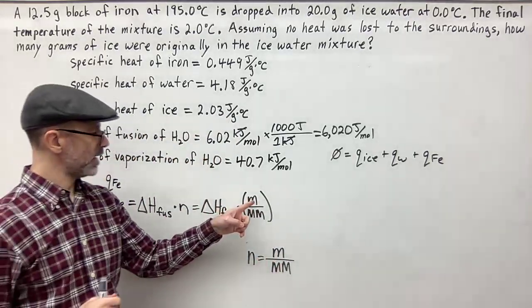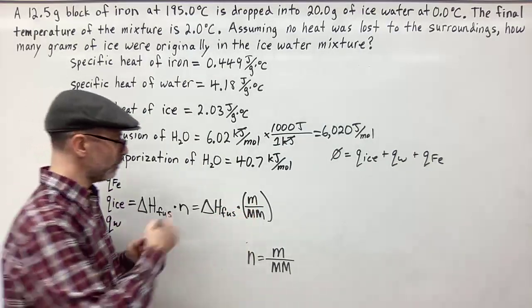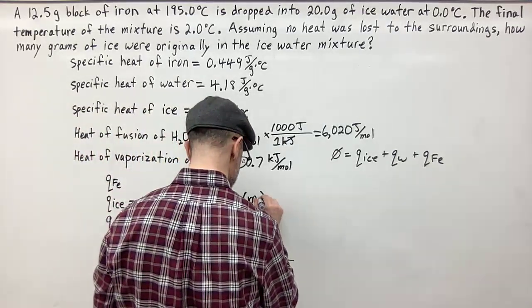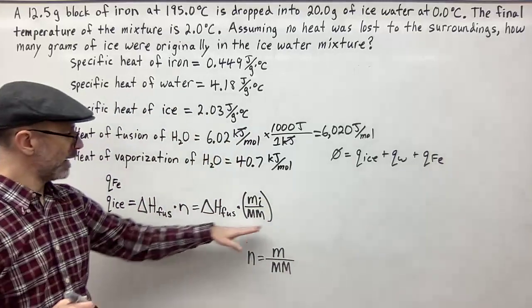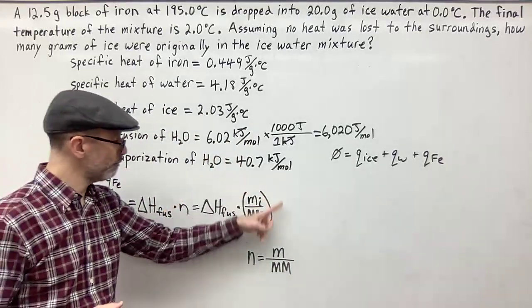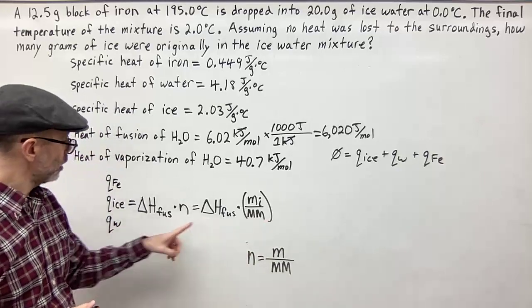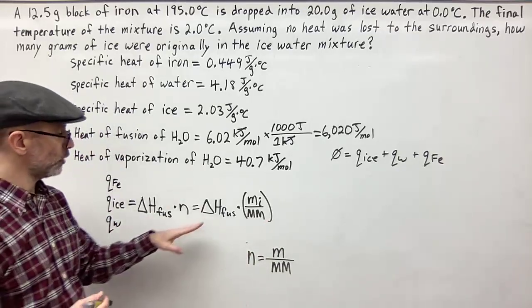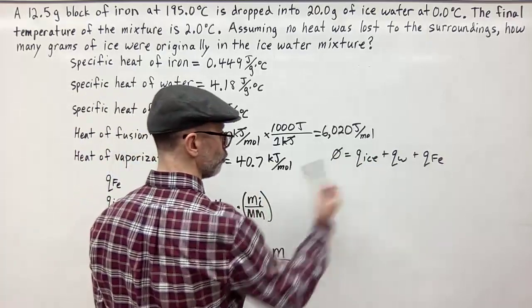So this is the mass of the ice, divided by the molar mass, which is the molar mass of water. So now this is my formula for ice. So now I can substitute that in for Q.